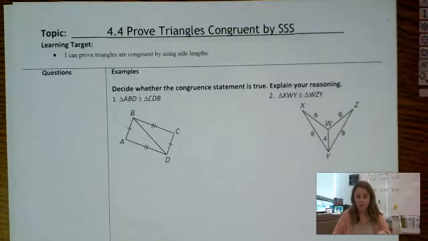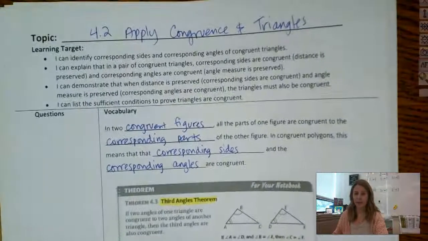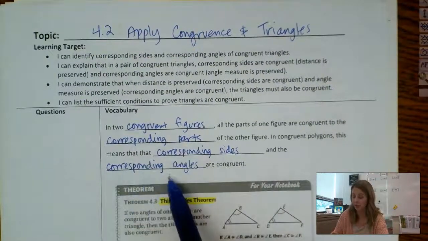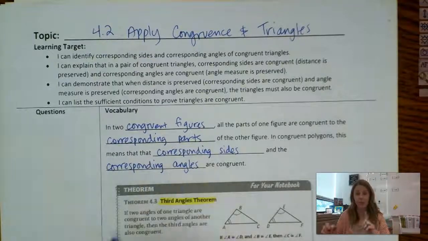All right, we are going to use that new theorem, SSS, or side, side, side, to prove that triangles are congruent. So I said a second ago, or if you just got done watching the foldable video, we are still, back to that last section, functioning under the definition that if two triangles are congruent, all their corresponding parts are equal.